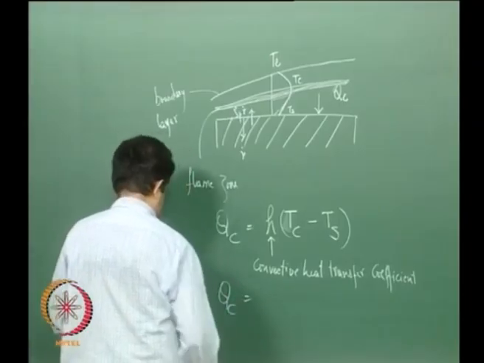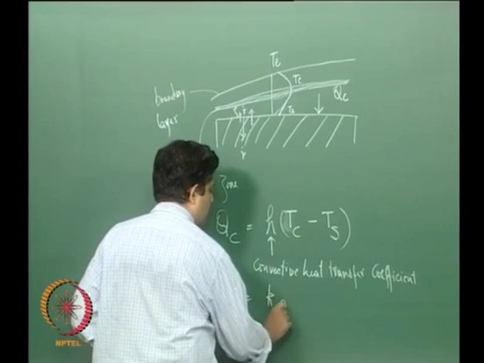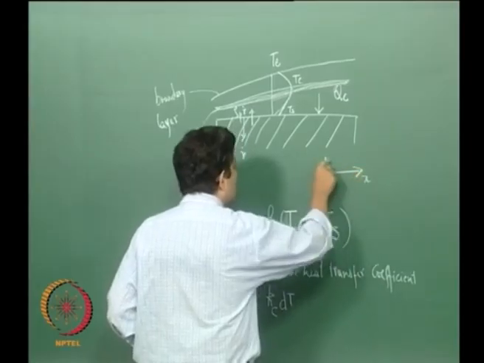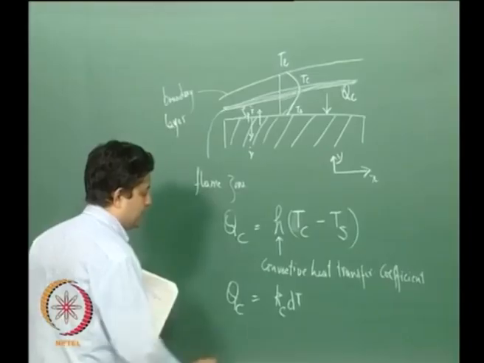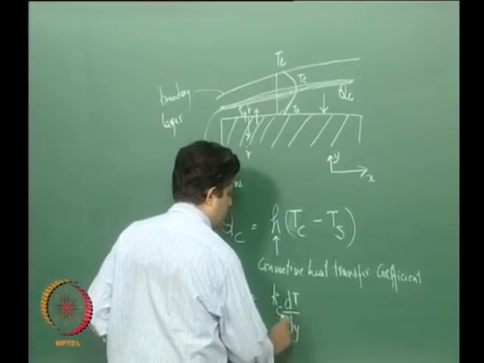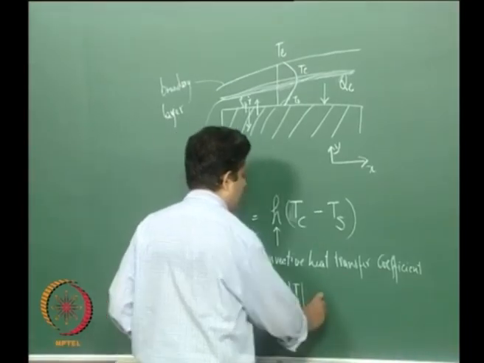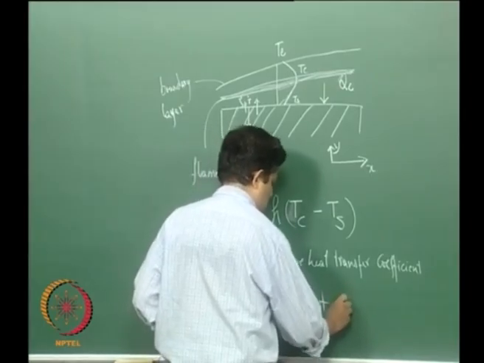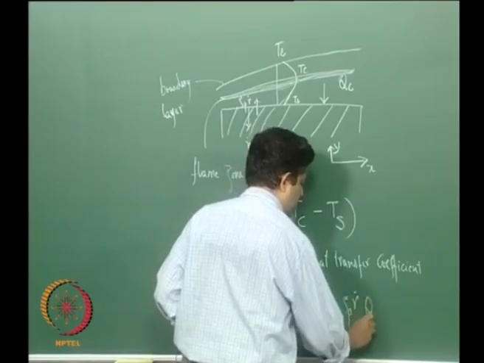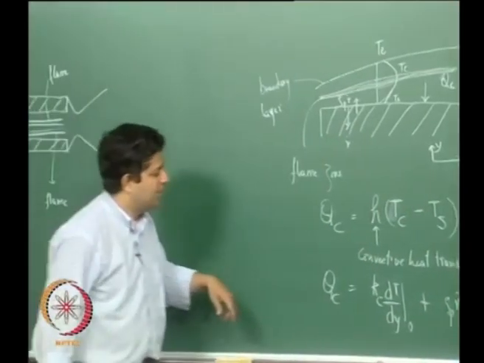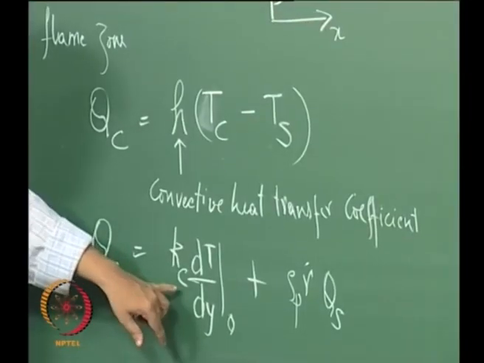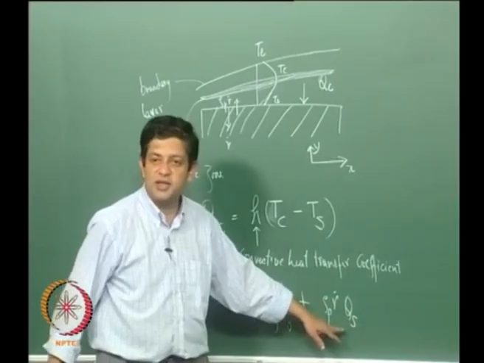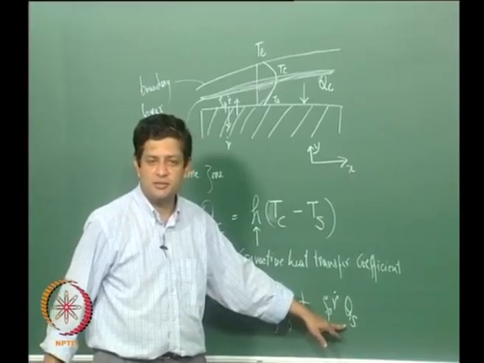So QC must be equal to, let me call this direction as X and this direction as Y, this is the part of the heat that is taken up to maintain the temperature profile, and this is the QS we had seen earlier, the heat of evaporation at the surface.